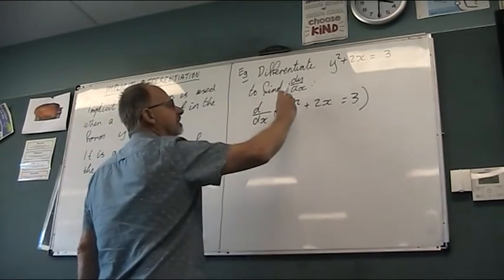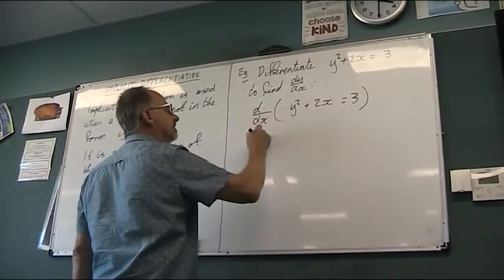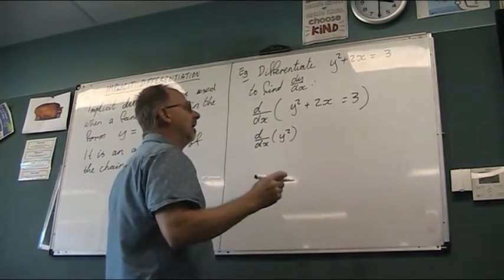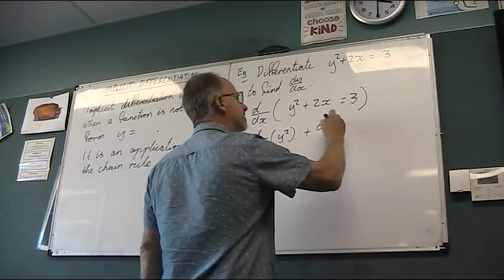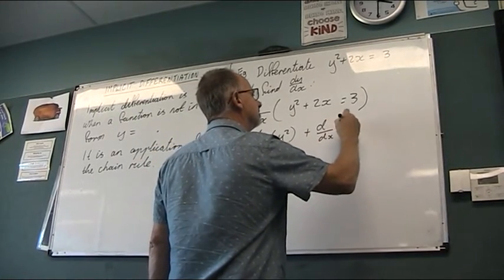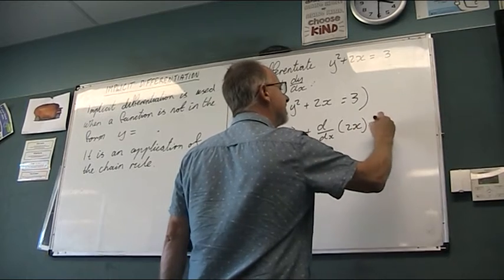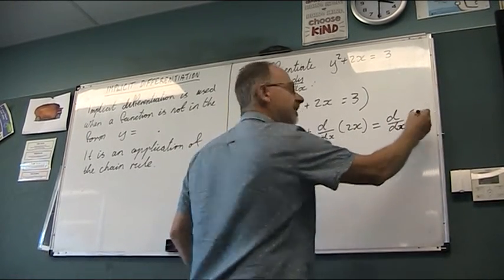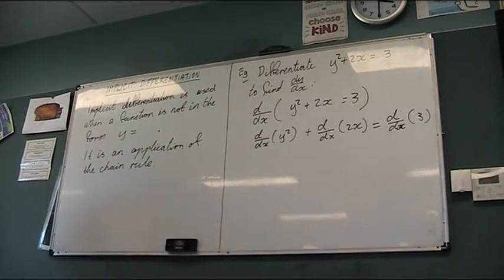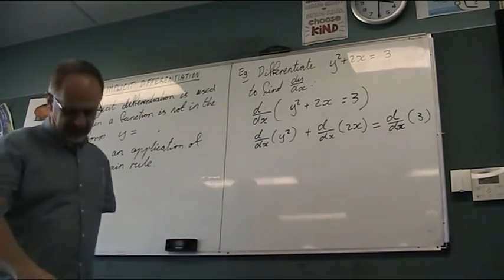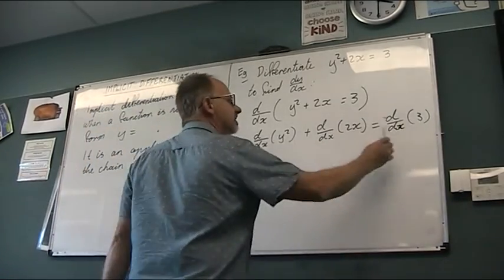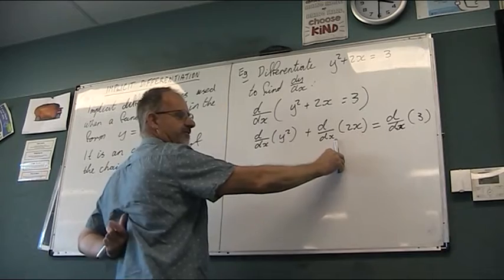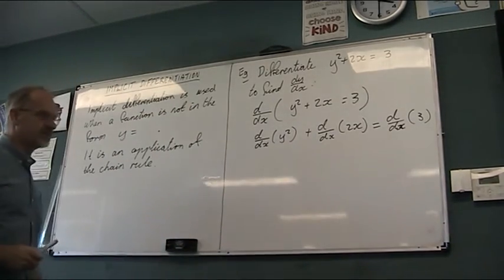If I split it into the three bits, we're going to differentiate y squared with respect to x, we're going to differentiate 2x with respect to x, and we're going to differentiate 3 with respect to x. So with the last two, the d dx is straightforward. Differentiating 2x with respect to x, that's straightforward.